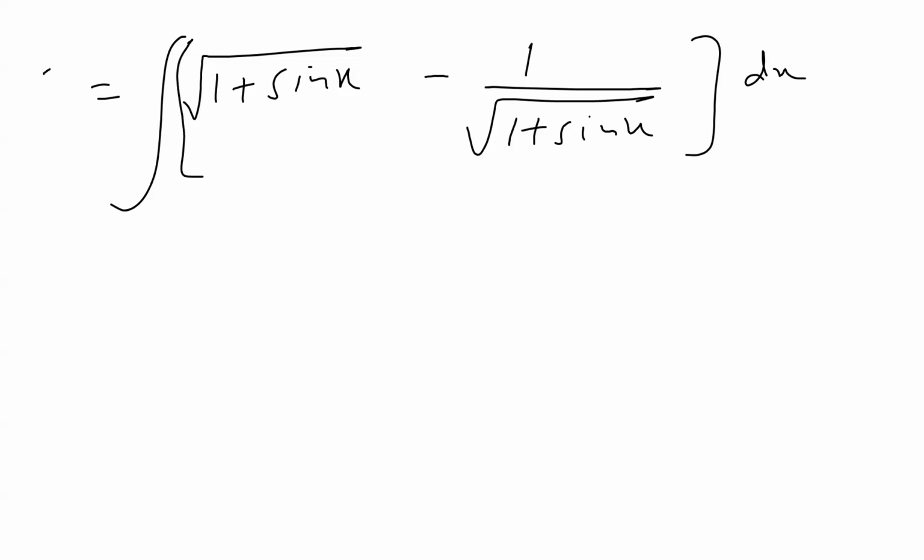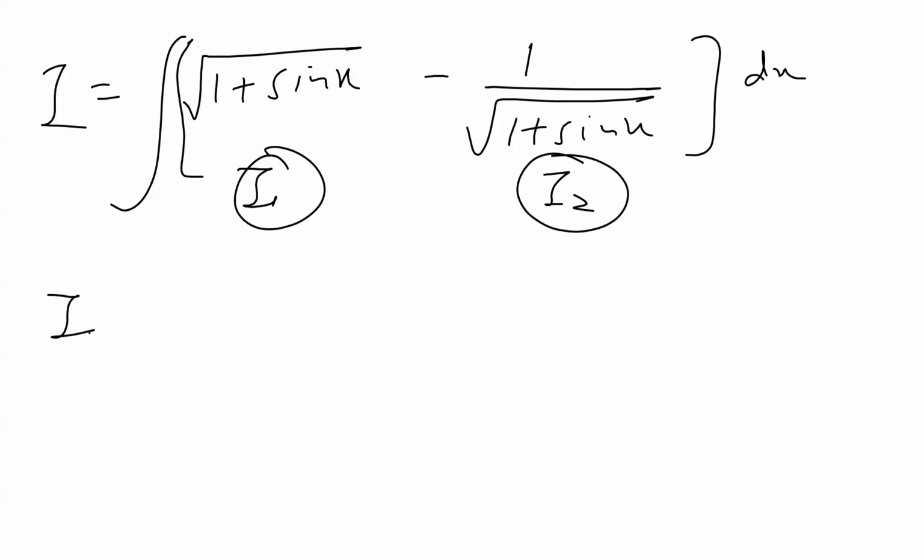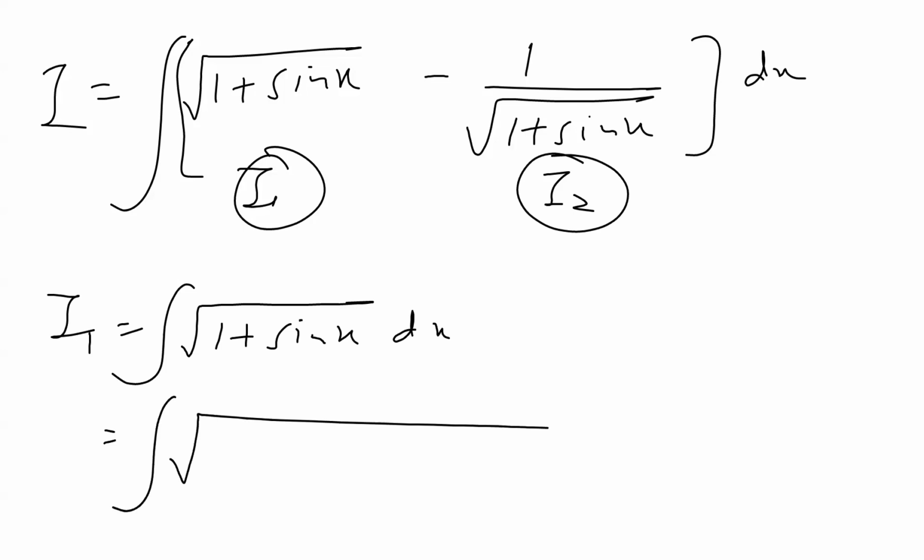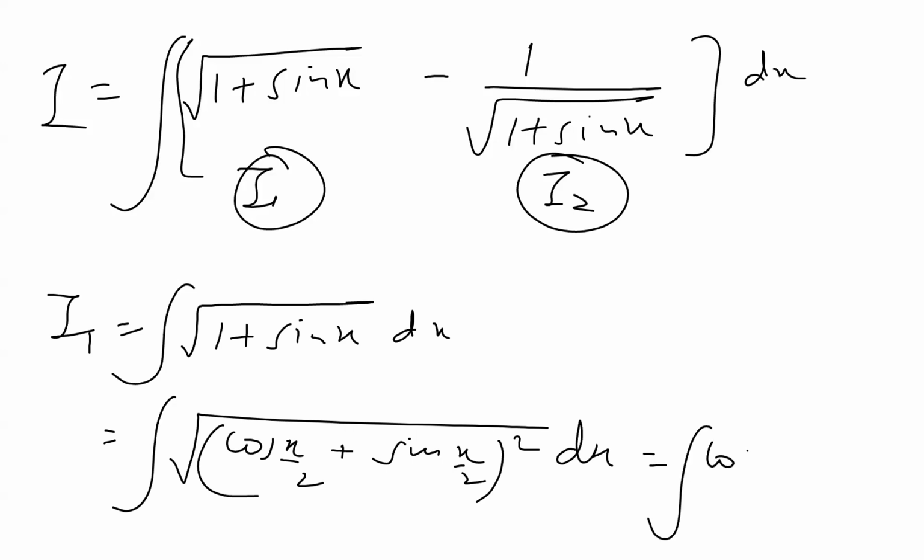Okay. So let this be I1 and let this be I2. We'll solve it separately. I1 is equal to root of 1 plus sin x. Now here we'll apply half angle. 1 plus sin x is cos x by 2 plus sin x by 2 the whole square. So that is equal to cos x by 2 plus sin x by 2.